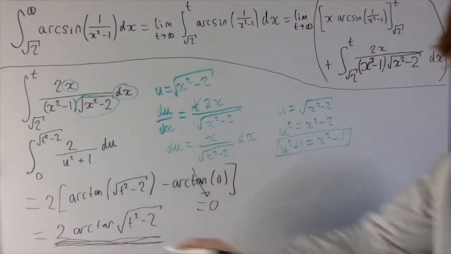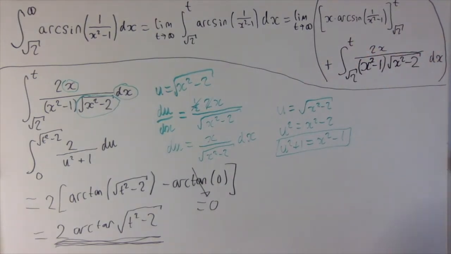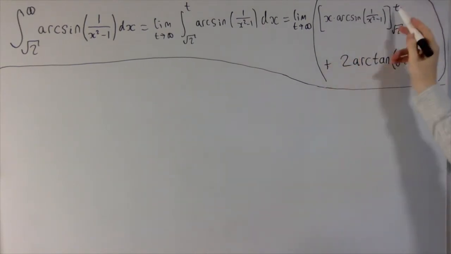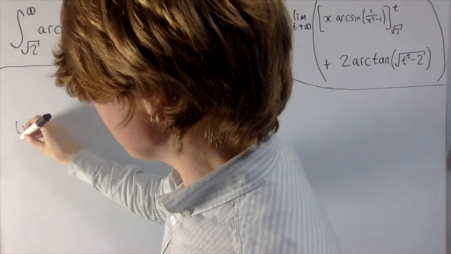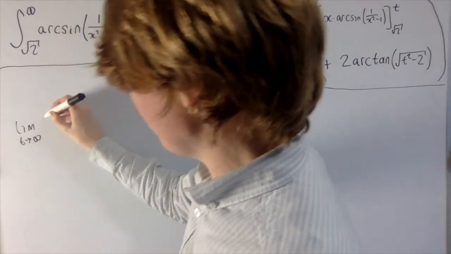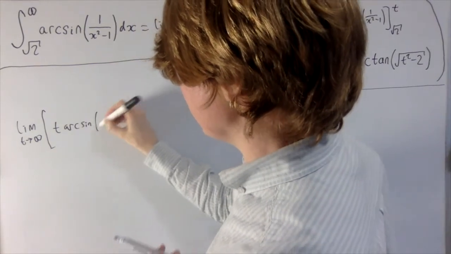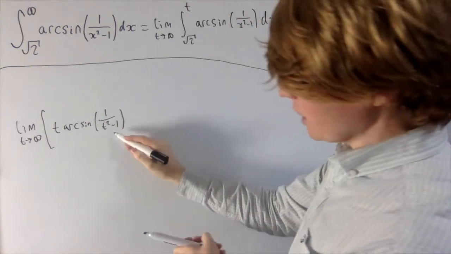Okay, so now let's combine this then with this term here, and then we'll take limits as t goes to infinity. So now let's substitute in our values of x when x is t and x equals root 2. So we'll have limit as t goes to infinity of now t arcsine 1 over t squared minus 1. So this term might be a little bit difficult to deal with.